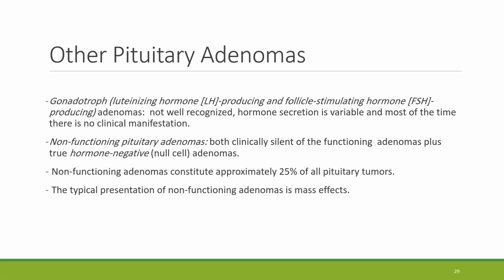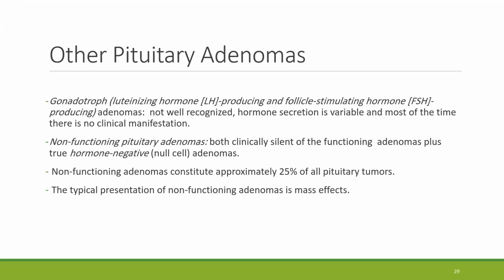Other types of adenomas, you don't need to go through all of them. Just remember the rare ones: the gonadotrophin producing adenoma, the FSH producing adenoma, and the LH producing adenoma. Remember, we said they are really, really rare.